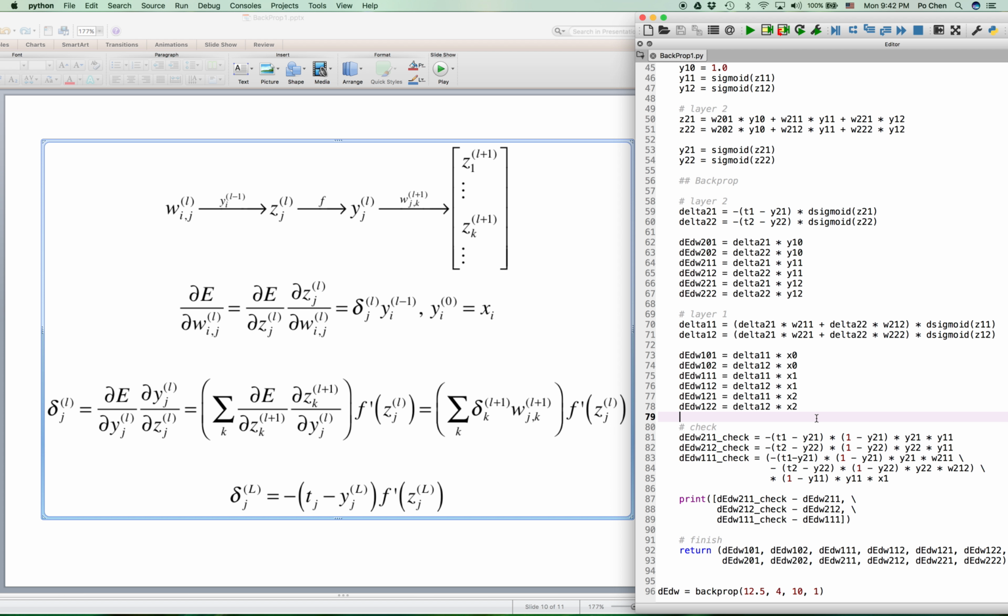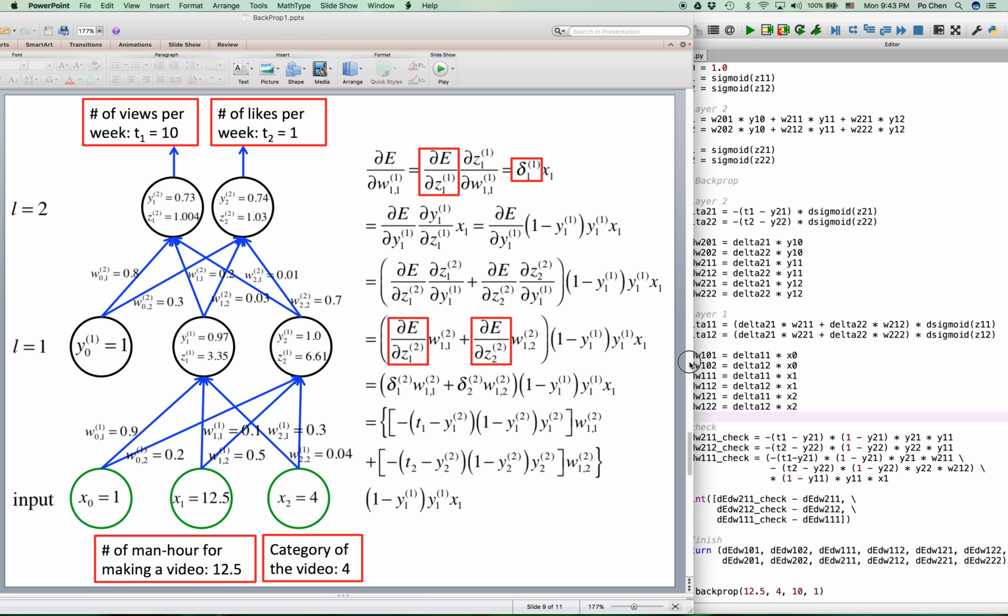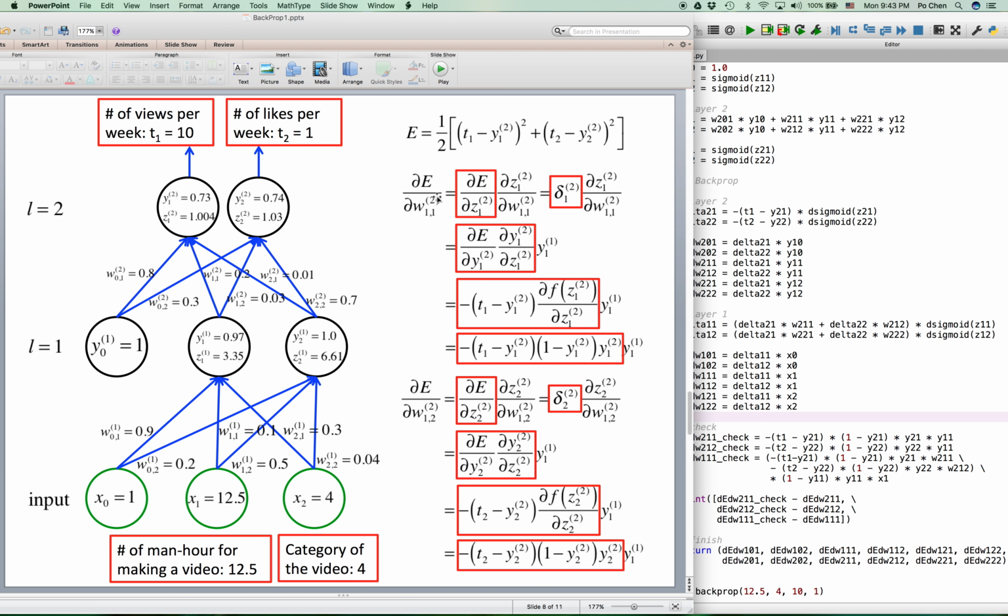In the previous video, we also obtained analytic expressions for 3 derivatives. The first is dE over dW 2 1 1, whose expression is here. Then dE over dW 2 1 2, whose expression is right here.